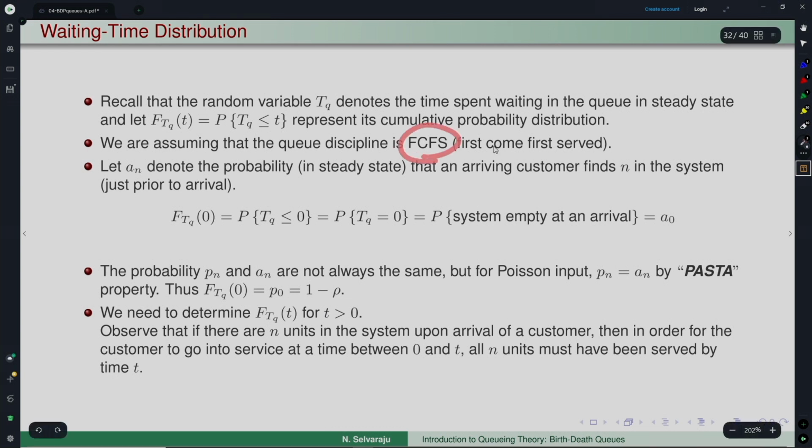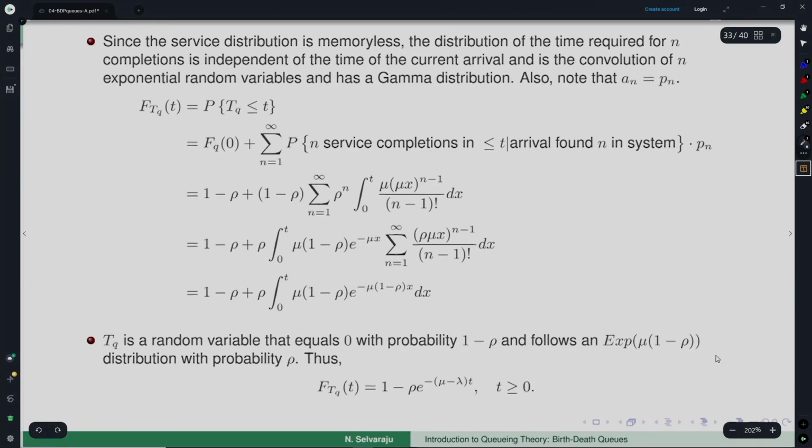That is why this discipline is important, how the service takes place from the customers waiting in the queue. So, we are computing the probability that T_Q is less than or equal to t. Then all n customers who arrived ahead of him must have been served by time t.